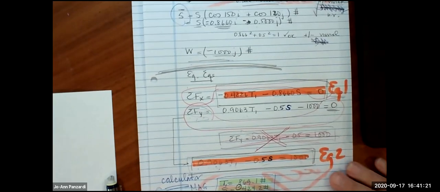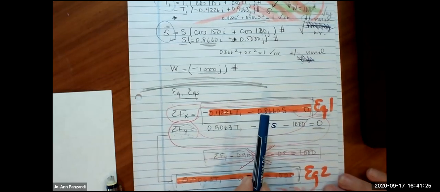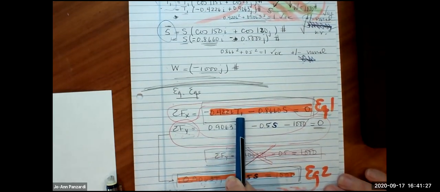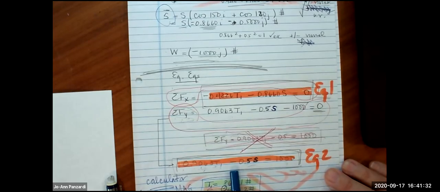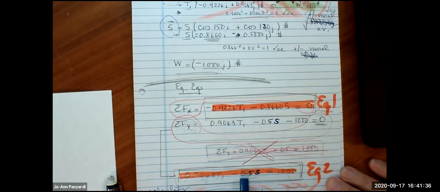Okay, and there are two ways in the calculator. Well, certainly mathematically, how can I solve this? You guys know this from algebra. You isolate one variable, you shove it into this equation, you solve for S, then you go back in here and find T. Two equations, two unknowns.